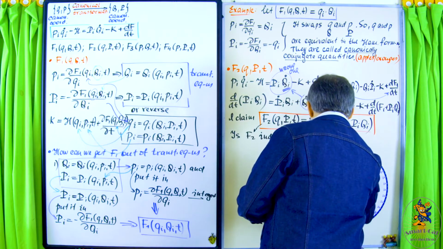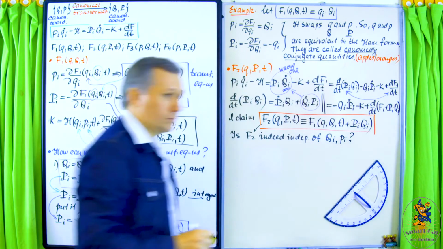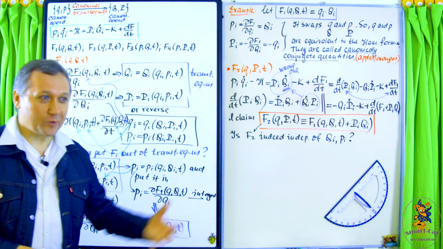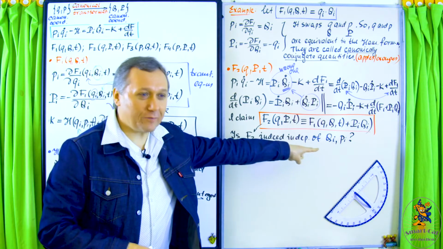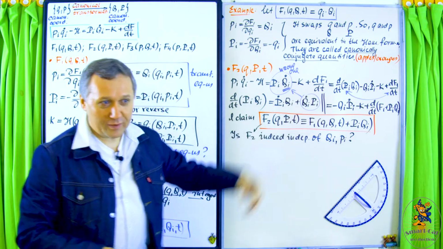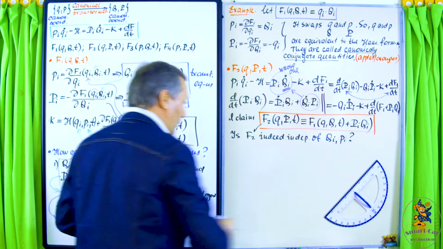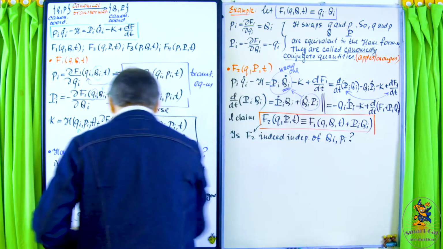All right, q capital and p small. Again, you see, we're excluding. So if it's not a function of those, it means that it should be a function of q small and p capital. So let's look at the partial derivatives. If those derivatives are zero, of course, that's the proof.